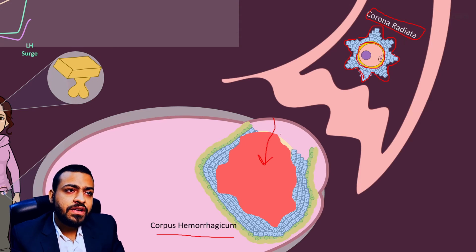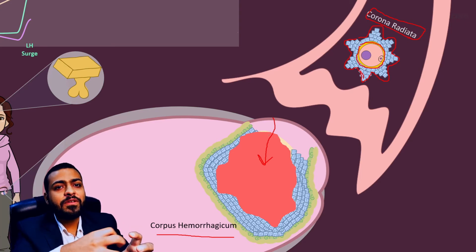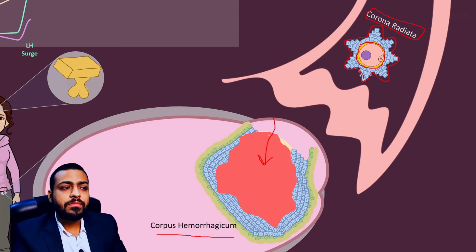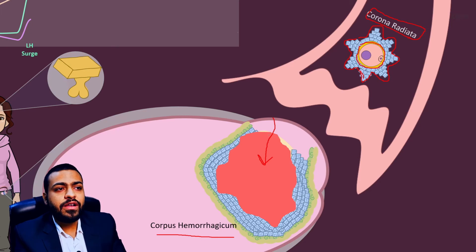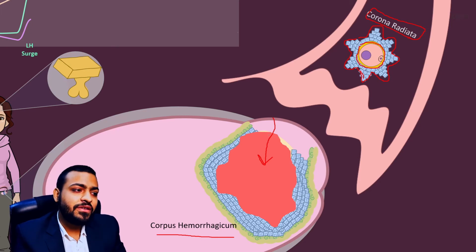So after the ovulation, immediately after the release of the secondary oocyte into the uterine tube, the body that remains behind fills up with blood and blood clots, and we call it blood filled body, or technically corpus hemorrhagicum.